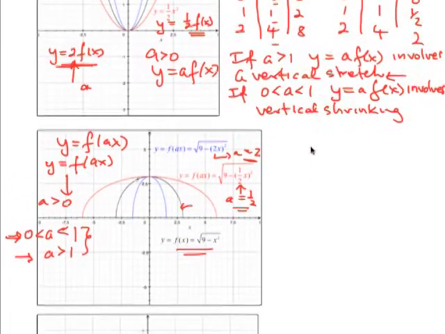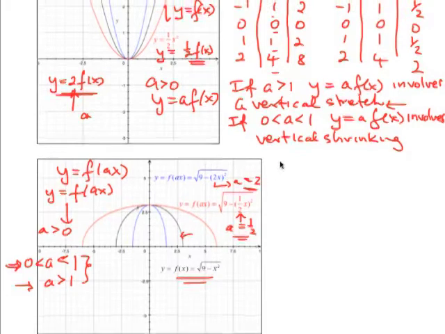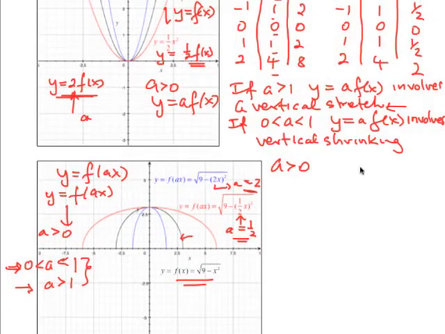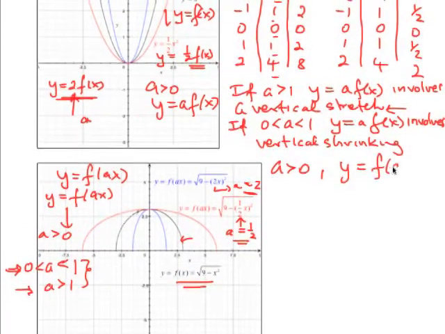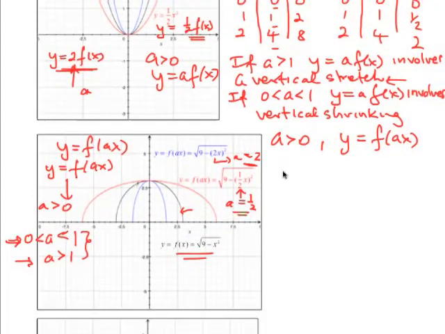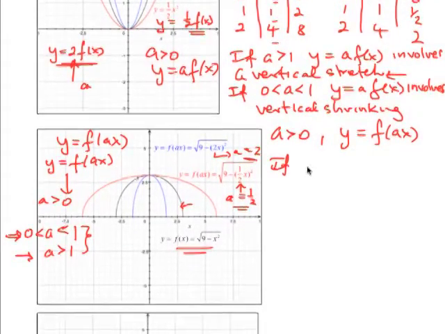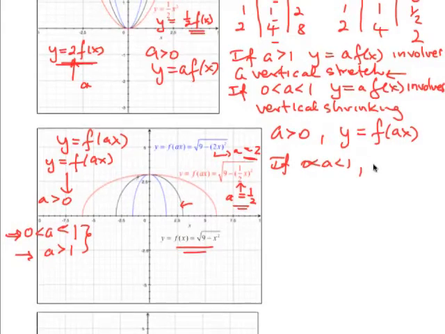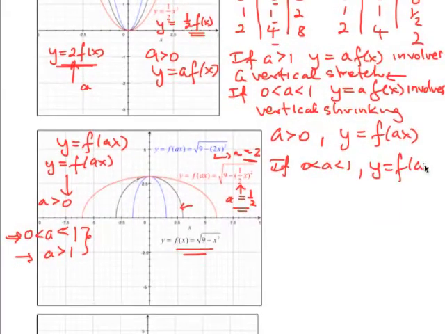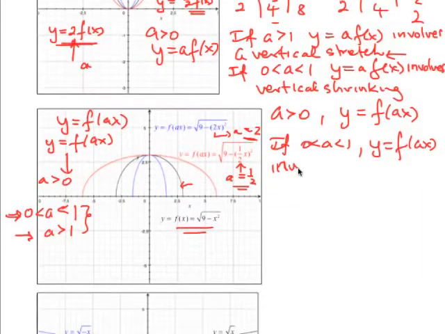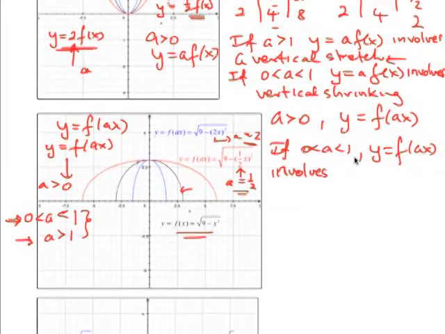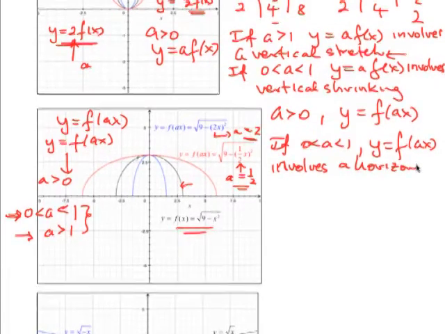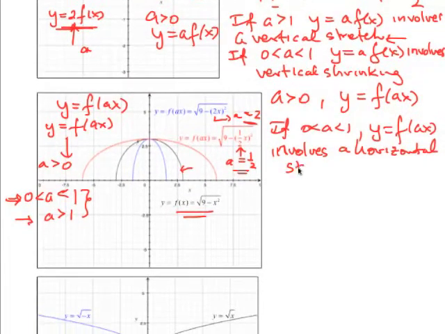Okay, so that therefore allows us to look at the conditions. Again, we have that a is greater than 0. And then y equals f of ax has the following things happen. If I have that a is less than 1 but greater than 0, then y equals f of ax involves a horizontal stretch.